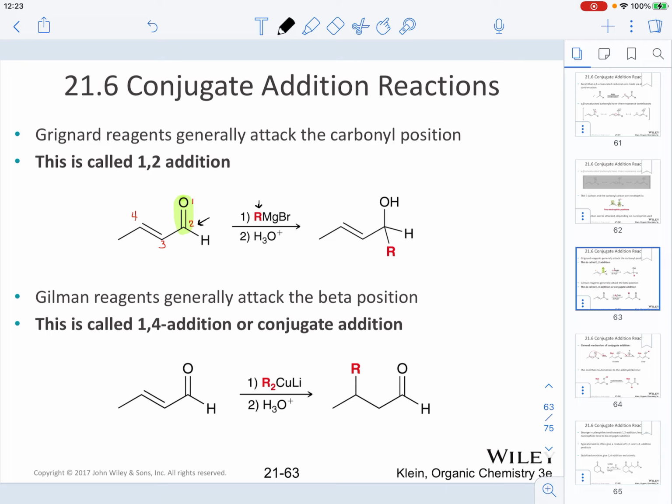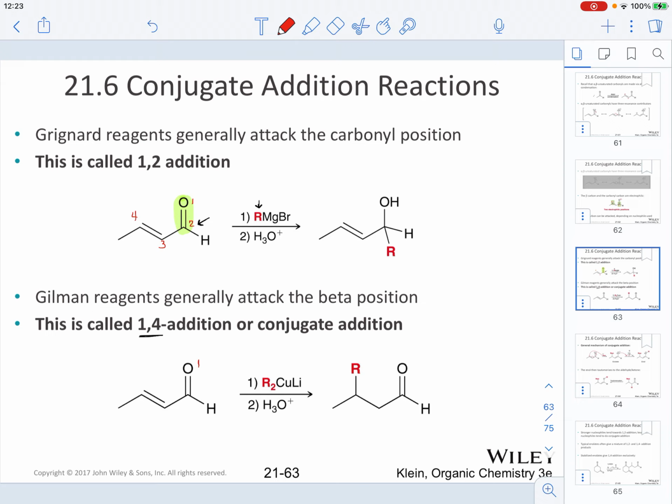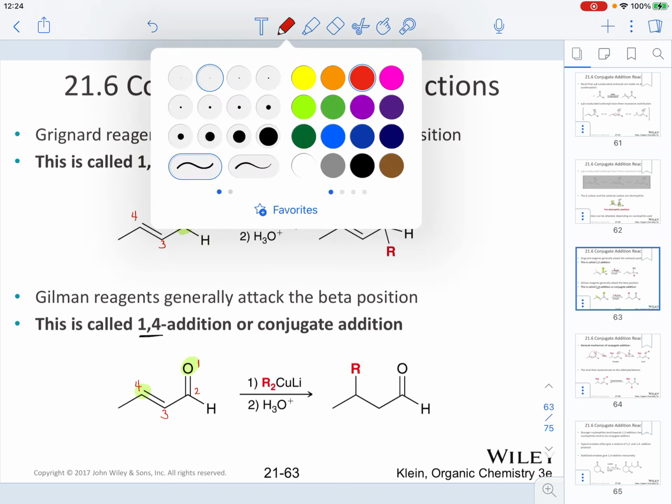If the alkyl or aryl group that you're trying to incorporate is at the 4 position, and again, using the same numbering where this is atom 1, atom 2, atom 3, and atom 4, the Gilman reagents are going to add specifically 1,4, and as you can see I highlighted the atoms.